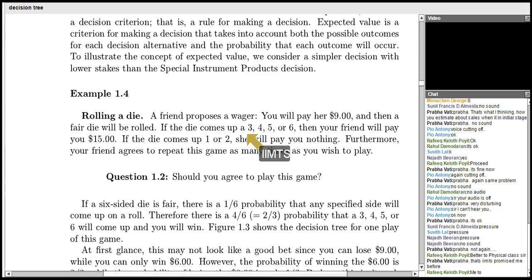If the die comes up a 3, a 4, a 5, or a 6, then your friend will pay you $15. And if the die comes up a 1 or a 2, she will pay you nothing. Furthermore, your friend agrees to repeat this game as many times as you wish to play. Now, would you play the game? That's the question.